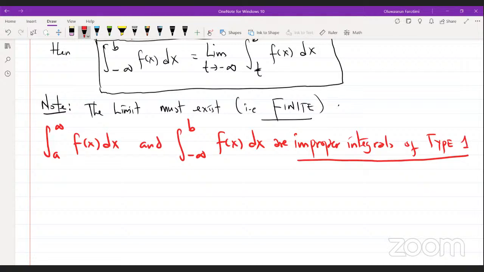There are two types of improper integrals, type 1 and type 2, and these sorts are type 1.